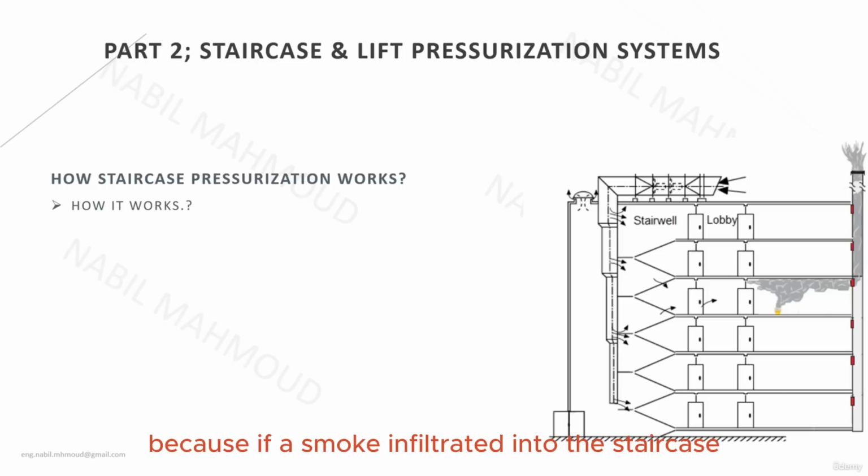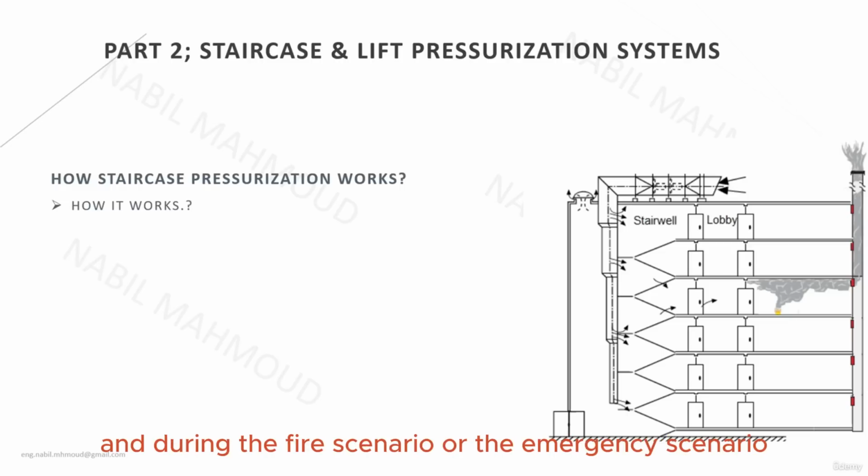Because if smoke infiltrated into the staircase, then the majority of the people in the staircase will suffocate from the smoke, because there is no vertical obstruction that prevents the smoke from traveling anywhere inside the staircase shaft. That's why it is very important to maintain the staircase, especially the exit staircase, free of smoke during the normal operations of the building and during the fire or emergency scenario.